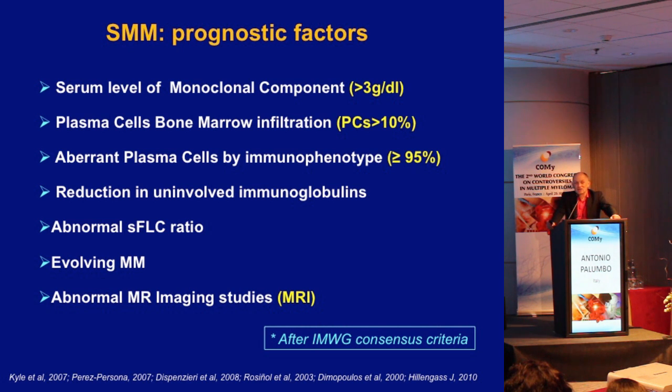A concept that has not been used too much and probably should be improved in the future is the evolving M component during time, and certainly imaging. Imaging is probably what is changing today the definition of smoldering myeloma, and you will see why.